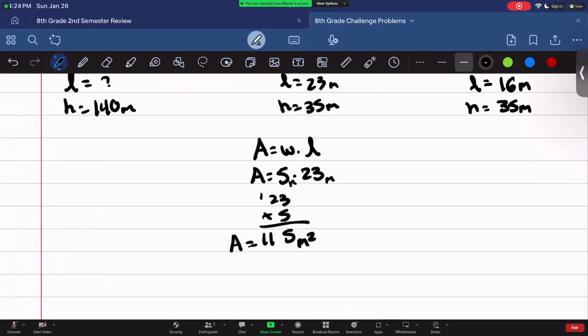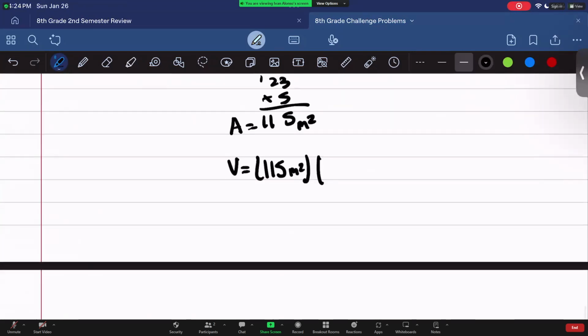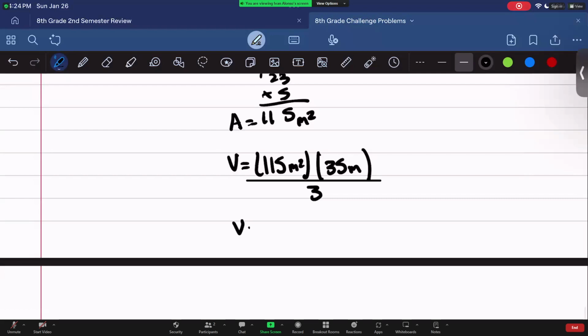So the volume of this pyramid here is equal to the area of the base, which we know is 115 meters squared, times the height. We were told that the height is 35 meters, and that's what we're going to use. Okay? We're not done there yet. All of this is over 3. You can't forget that. I actually attempted this problem myself. I didn't do that, and I got the wrong answers, despite the fact that I made up the problem.